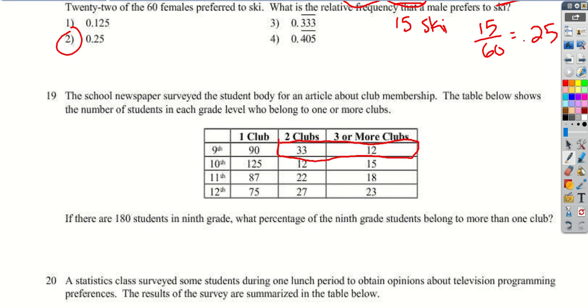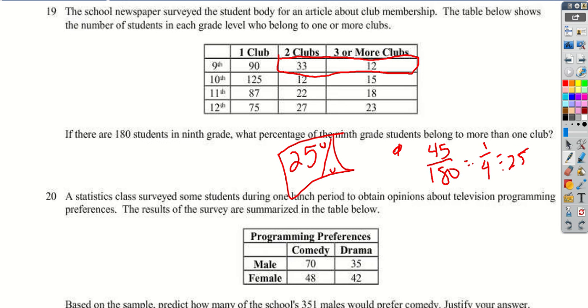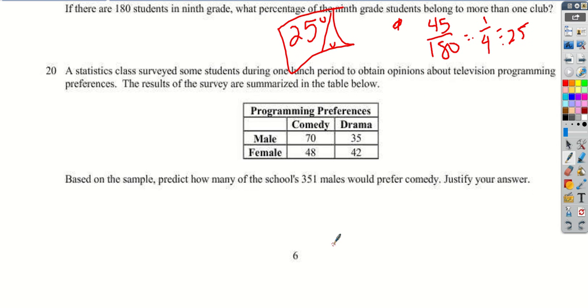So if we want to use the 180 here, it's going to be 33 plus 12, which is 45 out of 180, which is going to be 1/4, and that's equal to 0.25. So times 100 is 25%. You got to make sure you throw that percent on there, or you're not going to get full credit for that question. Keep going down, same thing.